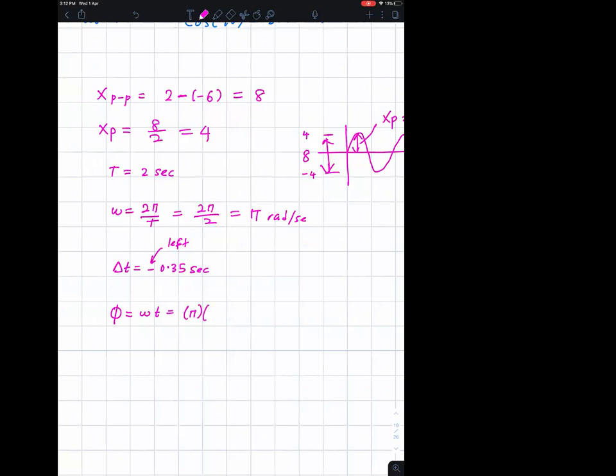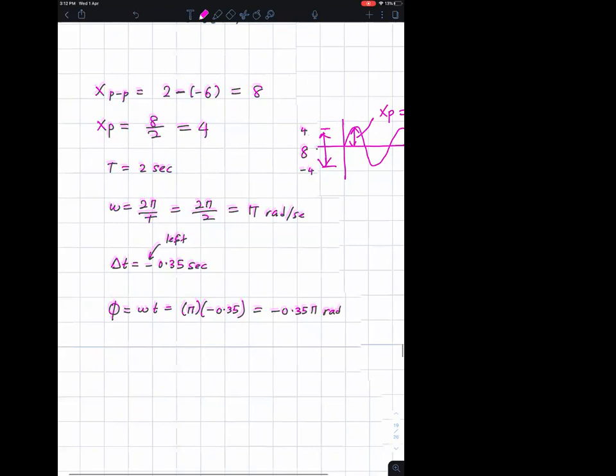Time we found out is 0.35. So that's going to be minus 0.35 pi radians. So we got all the information that we need. Now we can write the equation.